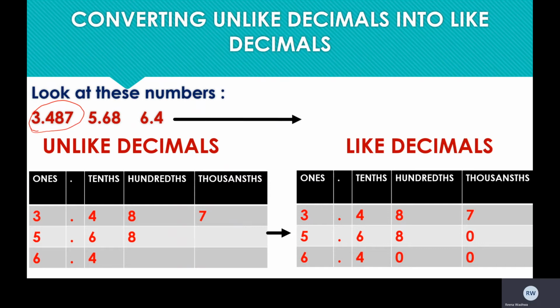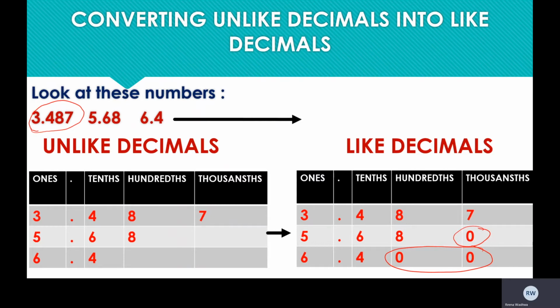By adding zeros at the end. If I add 0 at the end, the value of the number remains the same. So I can add as many zeros at the end as required because it does not affect its value.